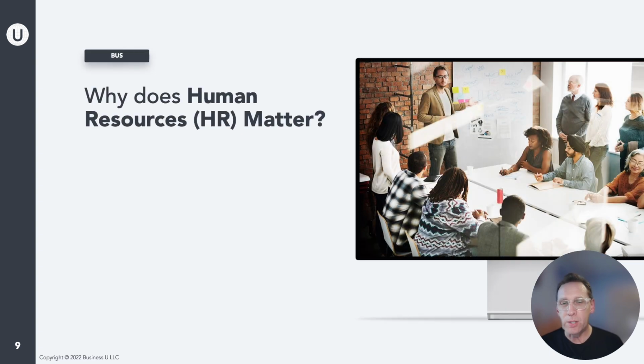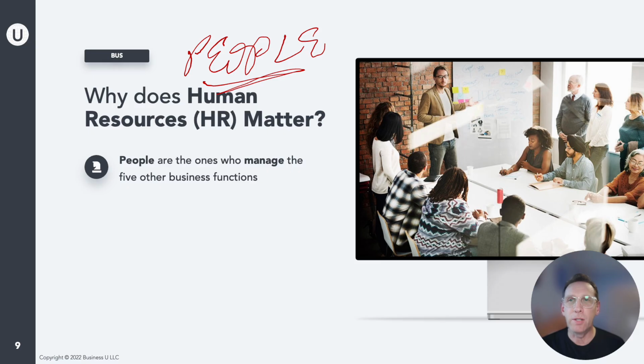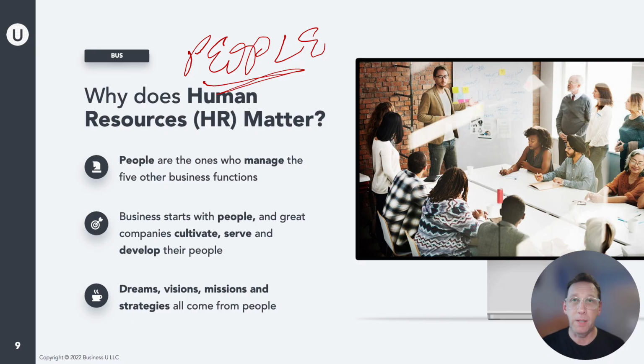Well, because human resources is business, and business is all about people. People are the ones who manage the 5 other business functions. Business starts with people, and great companies cultivate, serve, and develop their people. And the dreams, the visions, the missions, and the strategies all come from people.